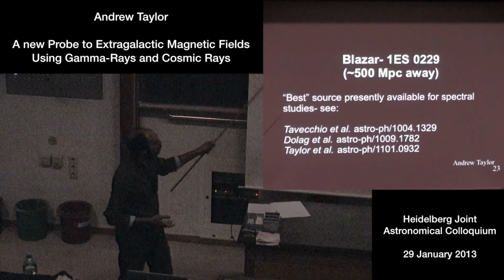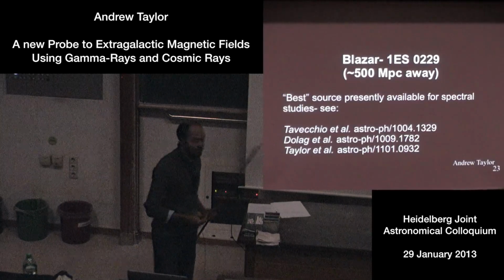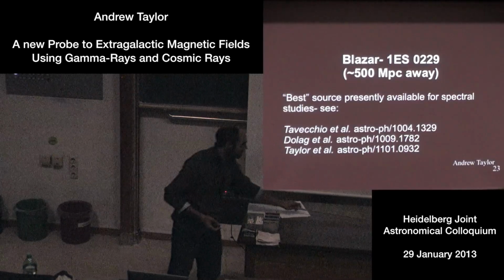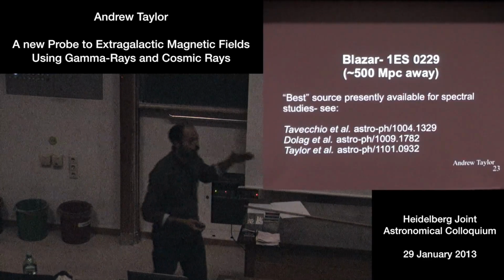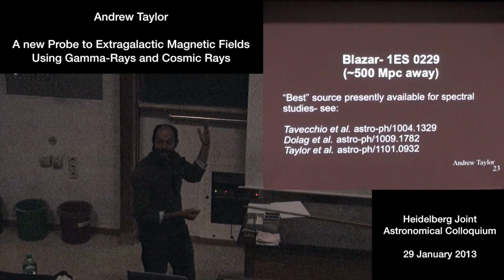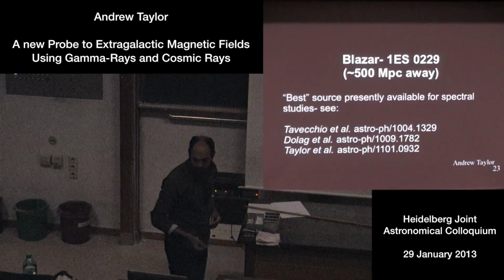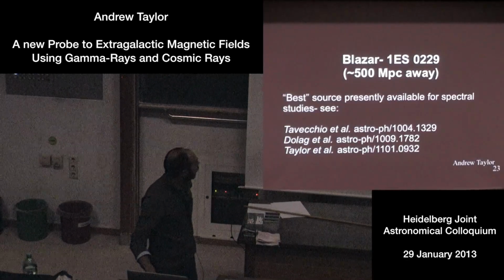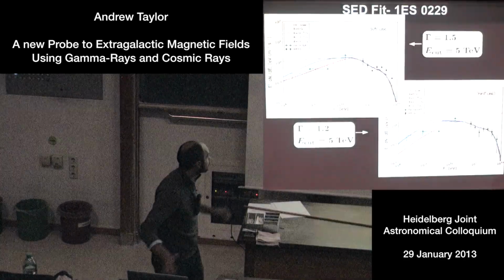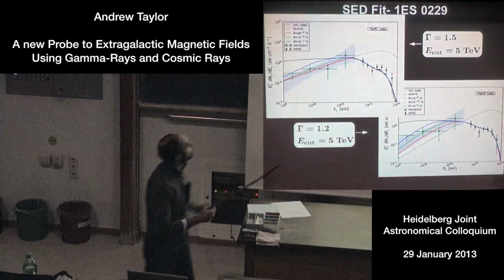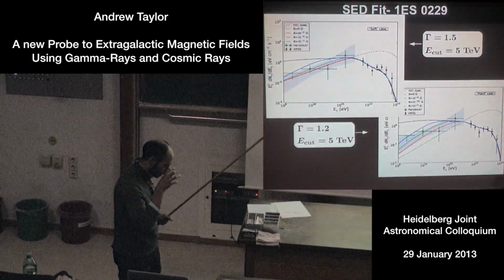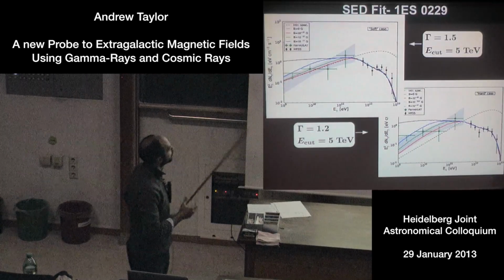Okay, so 1ES 0229. Now, why do I say it's such a good blazar for this physics? Essentially because it's a really hard blazar. In terms of its SED, E squared dN/dE, the energy flux arriving in photons, it's hard like this, and so it's a very good test for looking for a cascade signature.